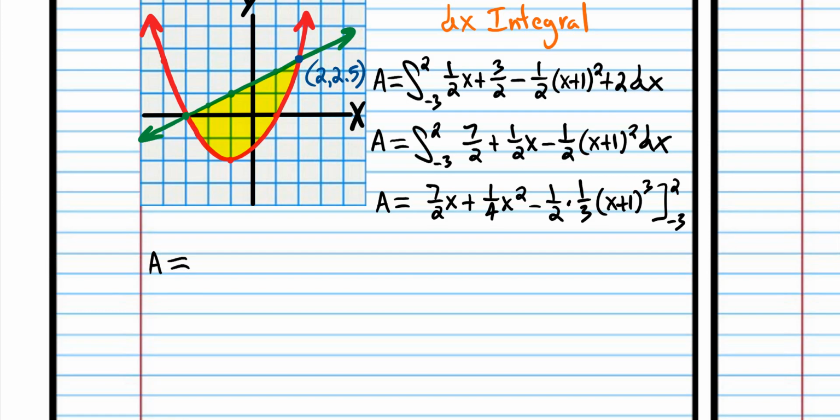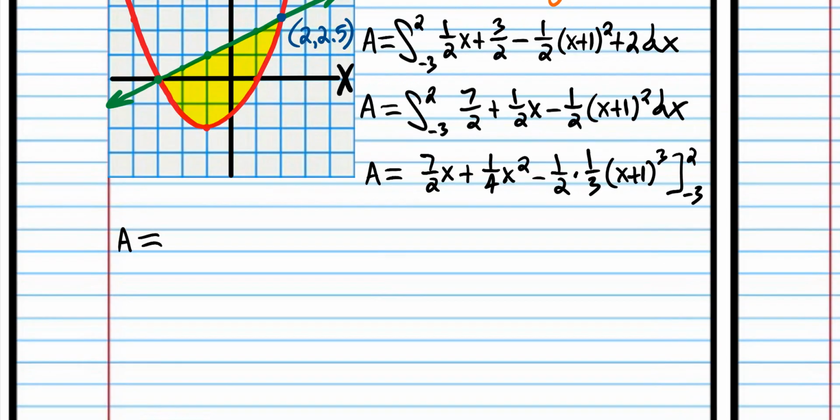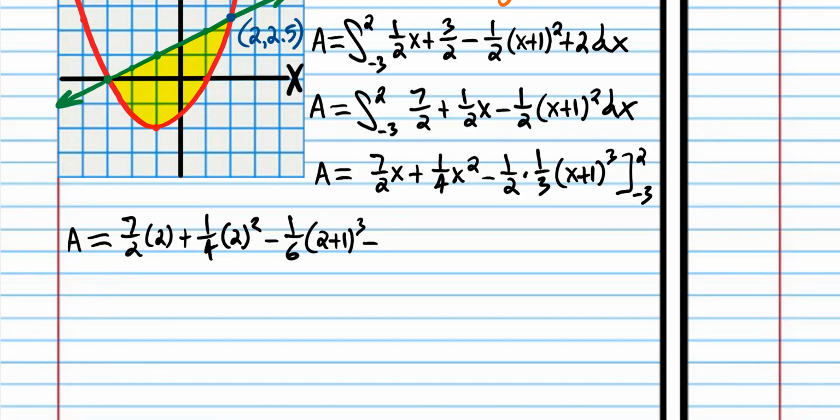Okay, so now we're going to plug in 2, so we have 7/2 times 2 plus 1/4 times 2 squared, minus 1/6 times 2 plus 1 cubed, minus 7/2 times -3 minus 1/4 times -3 squared.